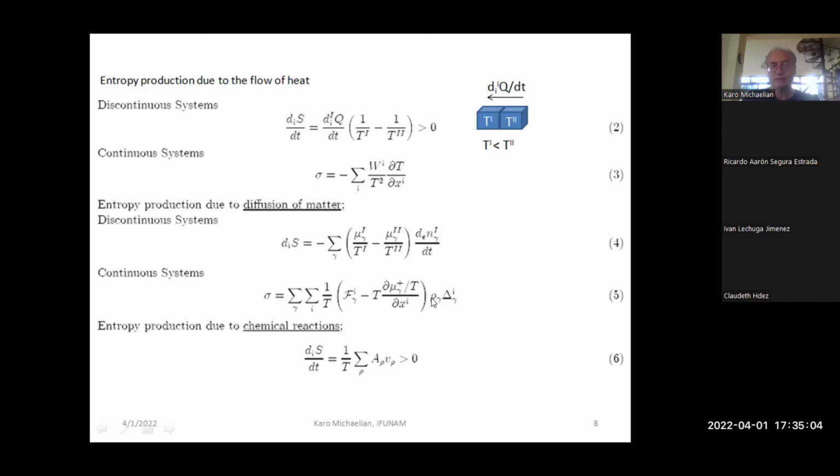This is the density, or the mass per unit volume, of substance gamma, and this delta represents its net velocity with respect to the center of mass velocity of the system. So we always take into account the center of mass velocity of the system, and this gives us the rate of the diffusion of substance gamma with respect to the center of mass of the system.